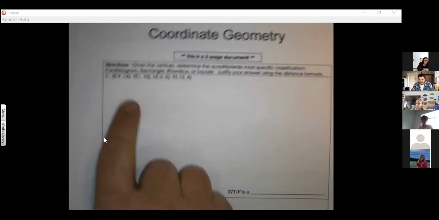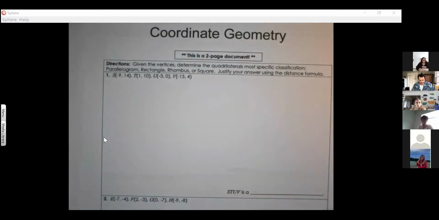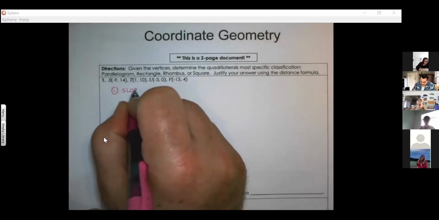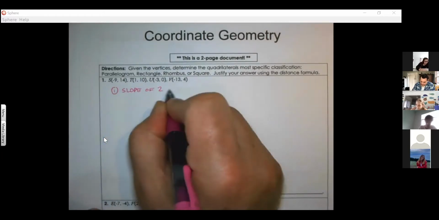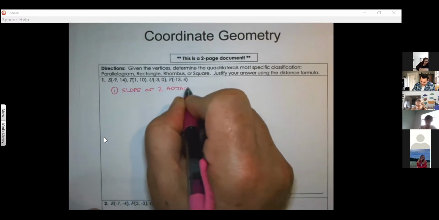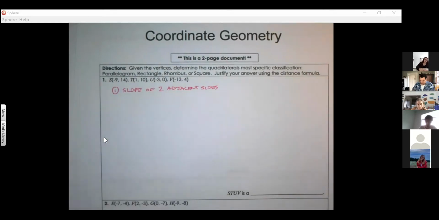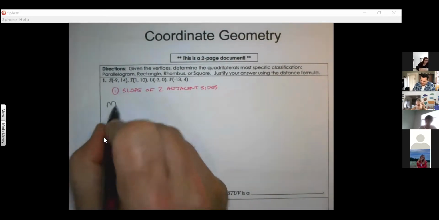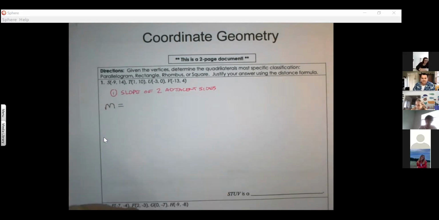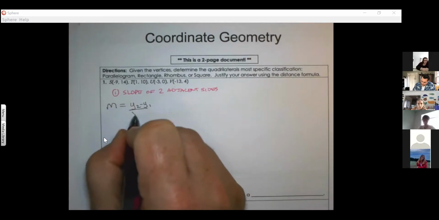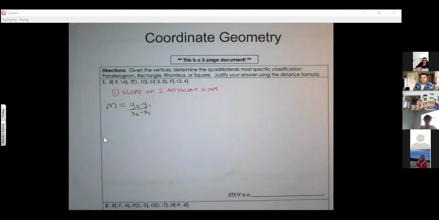If I want to see what shape this is, step 1 is look at the slope of two adjacent sides. So for example, I'd say m equals, do we remember our slope formula? It's like that.